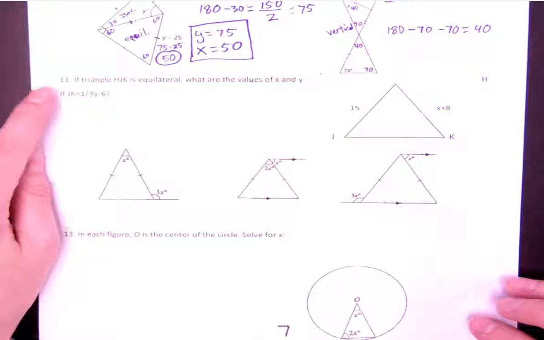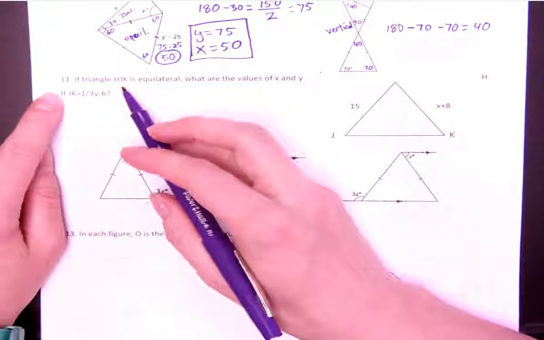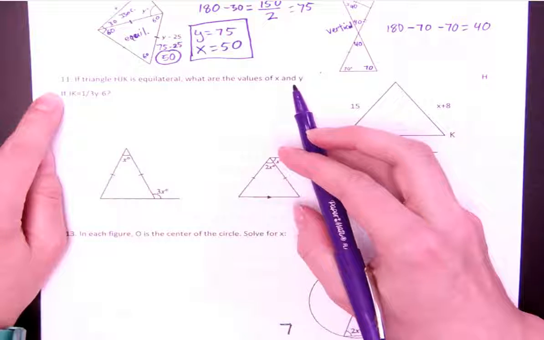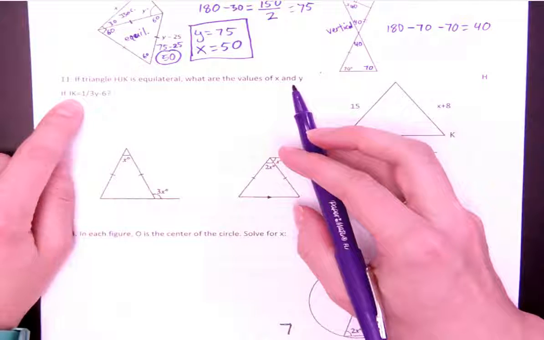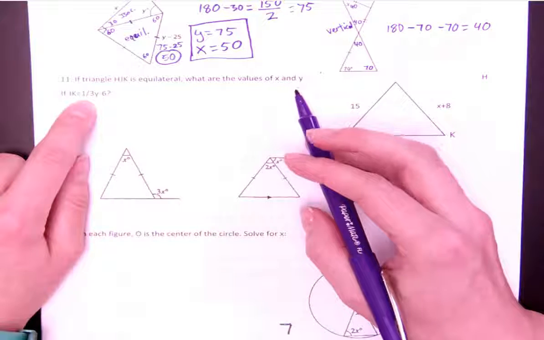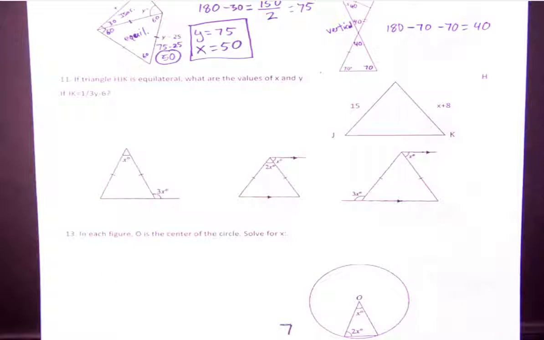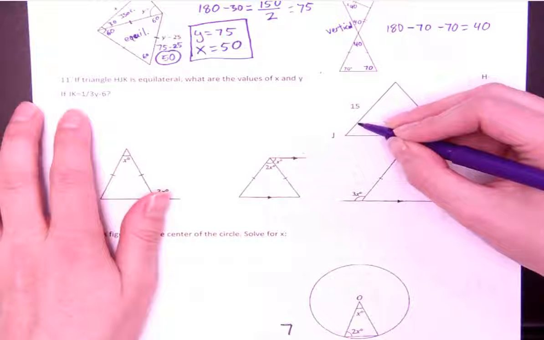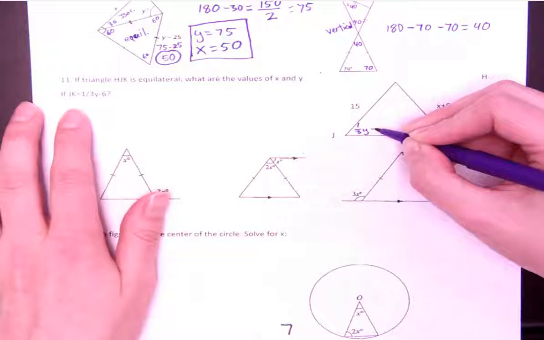Okay, so number 11, if HJK is equilateral, what are the values of x and y if JK equals 1/3 y minus 6? Okay, so let's go ahead and write, so JK is 1/3 y minus 6.